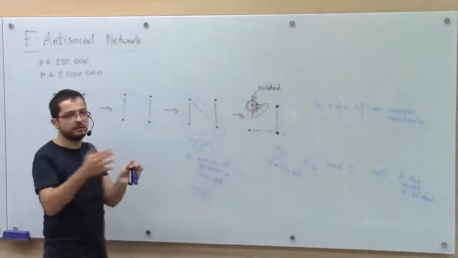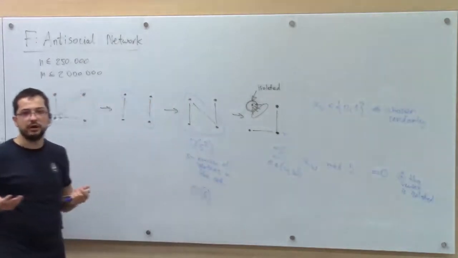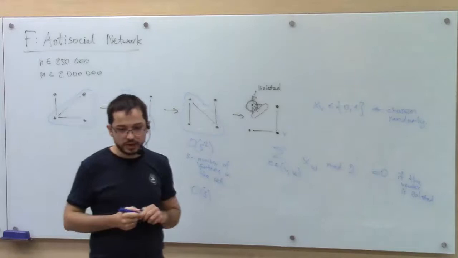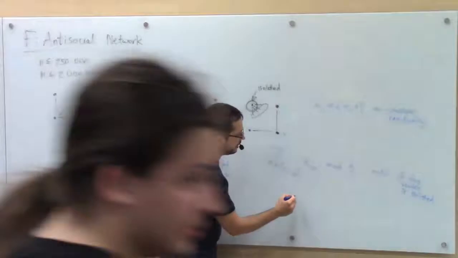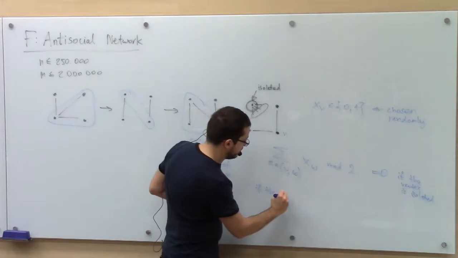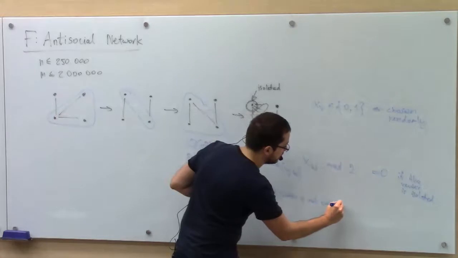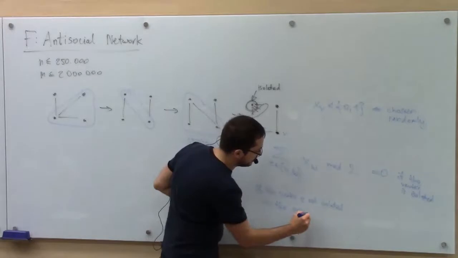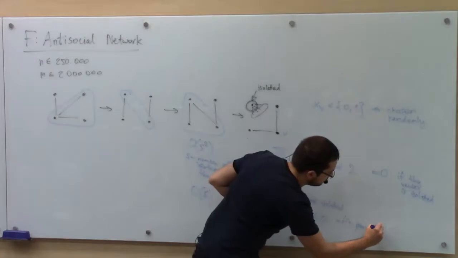So if we sum this up modulo 2, this will also get us the probability of 1/2. So if the vertex is not isolated, then the sum is not equal to 0 with probability 1/2.